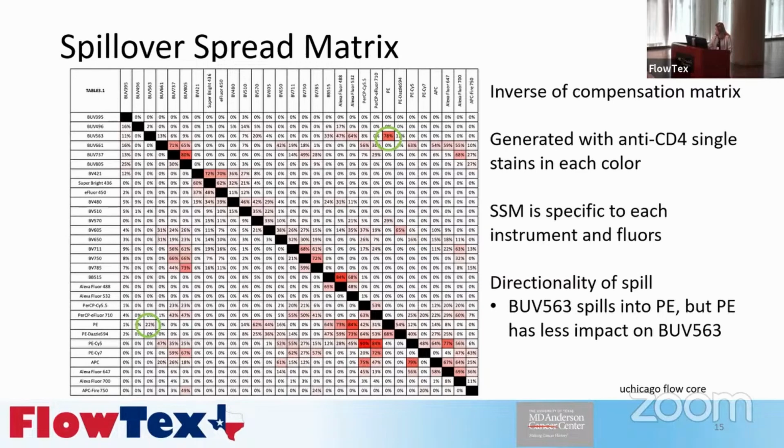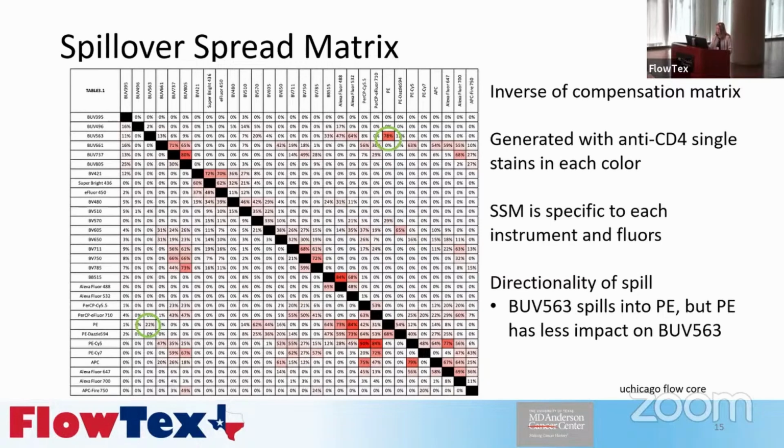Okay, so the SSM, like I said, is specific to your instrument and your fluors. This kind of matrix gives you a sense of the directionality of the spill. So for instance, what I'm showing you here is that we have the primary dyes here and the secondary signal coming in here. And you can see that there's a lot of spill of, say, BUV563 into PE. These two have very similar emission wavelengths.